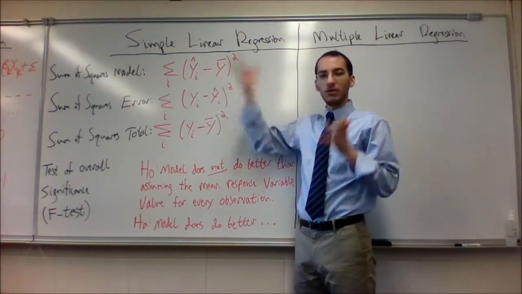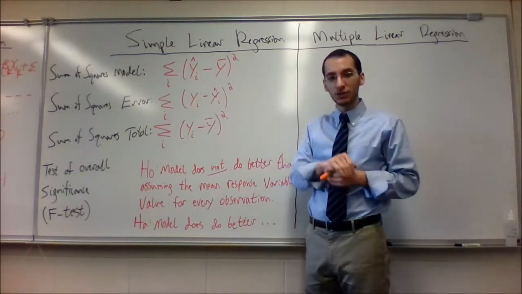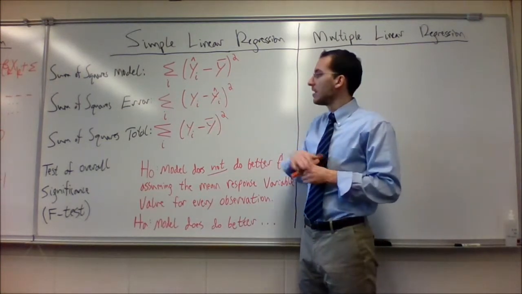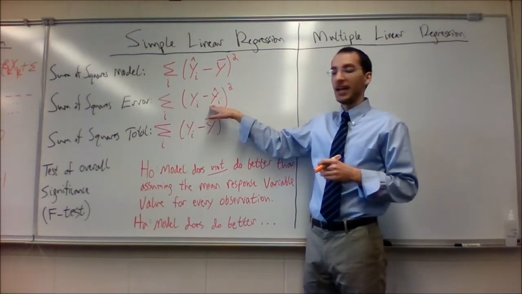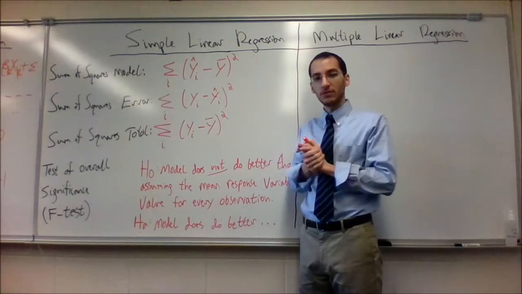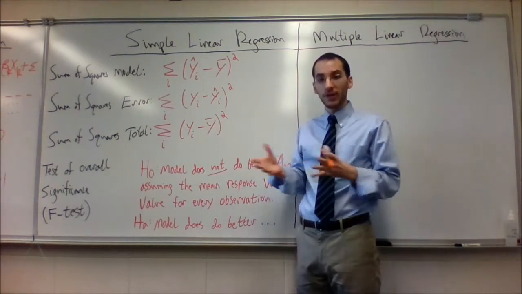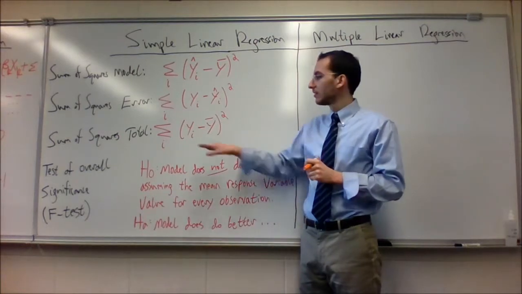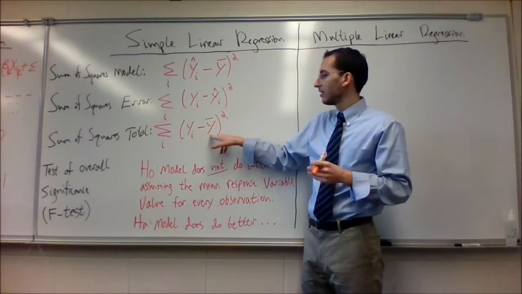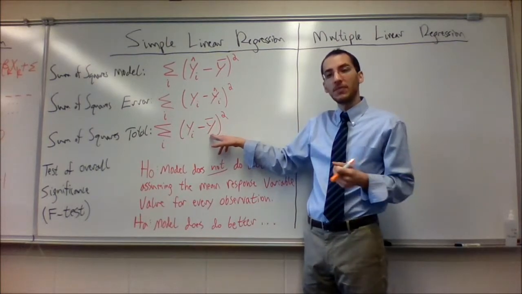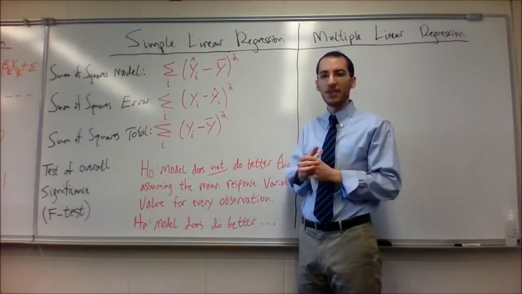The model is the distance from my predictions to my average. The error is the difference between my observations and my predicted values. And the total variation that I see is the distance between my observations and their mean. And obviously we square these things and add them all up and do all the math.